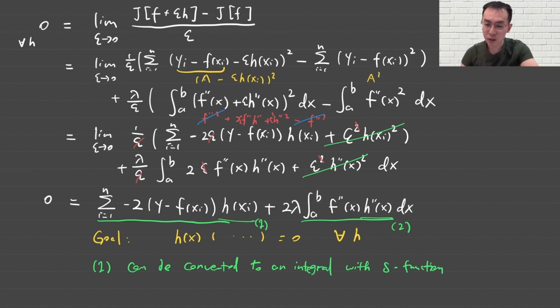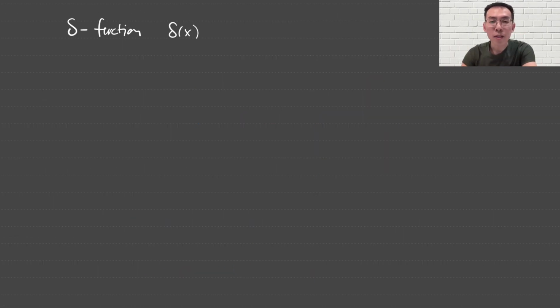Okay, so let me start a new page to show you how it works and what the delta function is. Now let's talk about what the delta function is and how we can use it in our problem.